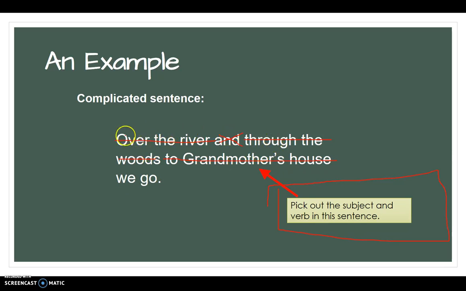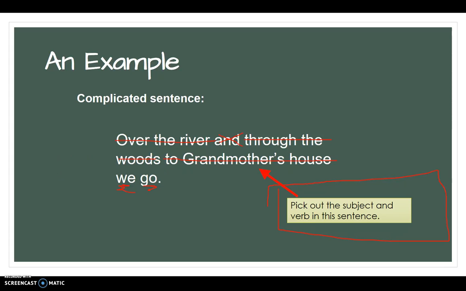So once I cross out all of the prepositional phrases in the sentence, over the river, through the woods, to grandmother's house, what we have left is a very simple sentence, we go. And it's very easy then to pick out the subject, which is a pronoun, and the verb in this particular sentence. So we go is the subject and verb of this sentence.